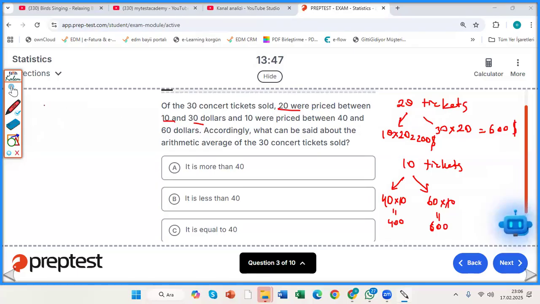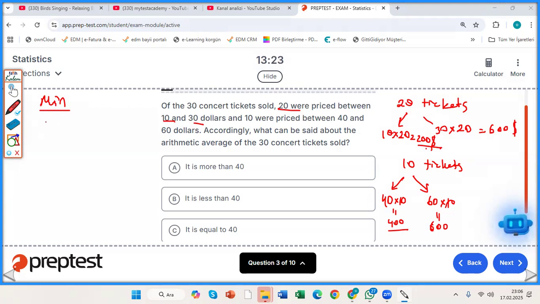So your total minimum money for those tickets is, as you can realize, $200 and $400.